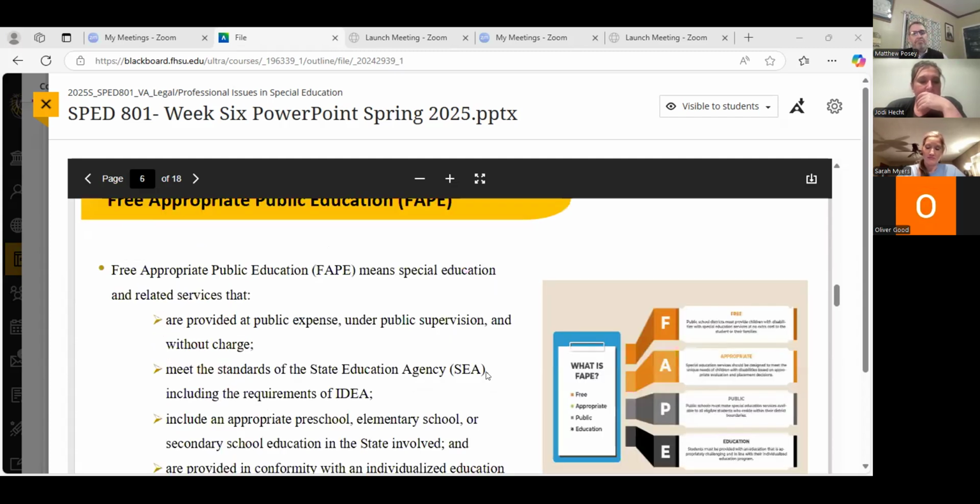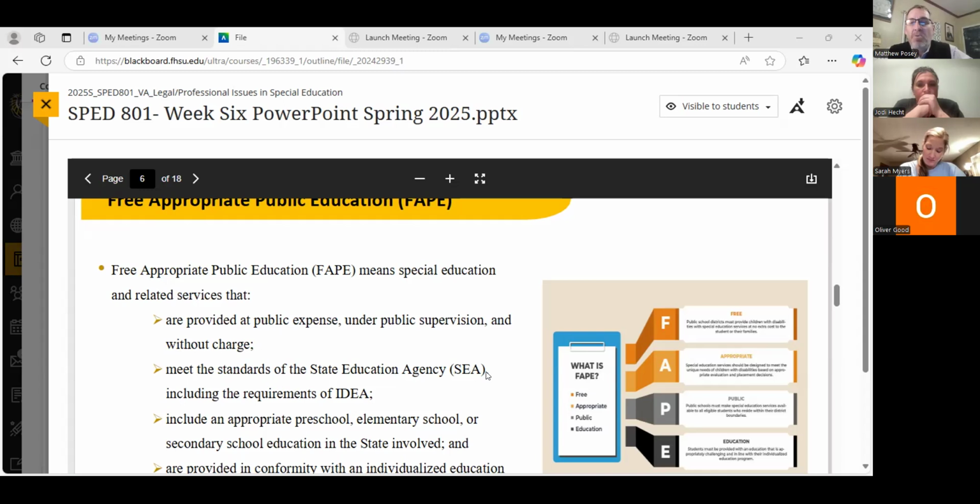FAPE means special education and related services that are provided at public expense, under public supervision, and without charge. Special ed numbers are growing. We have a hard time finding teachers. Jody mentioned that it's a common problem everywhere. Every state, every district, we're all faced with it, right? We're seeing more and more need.